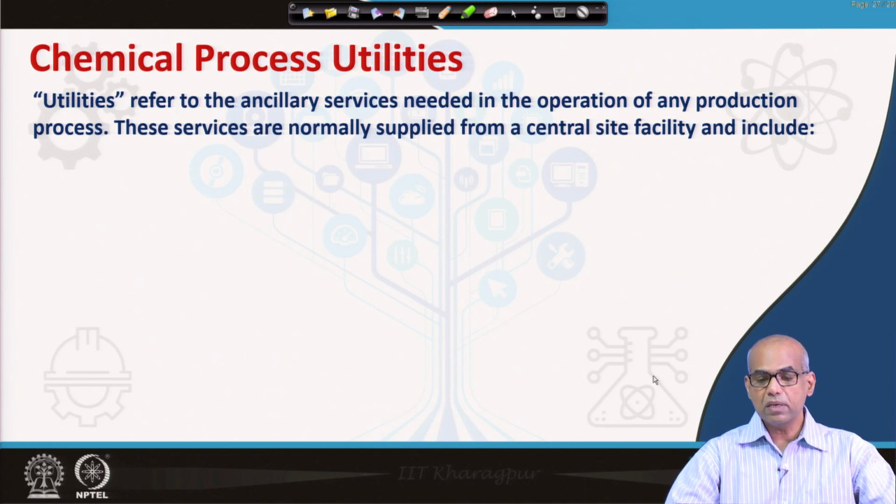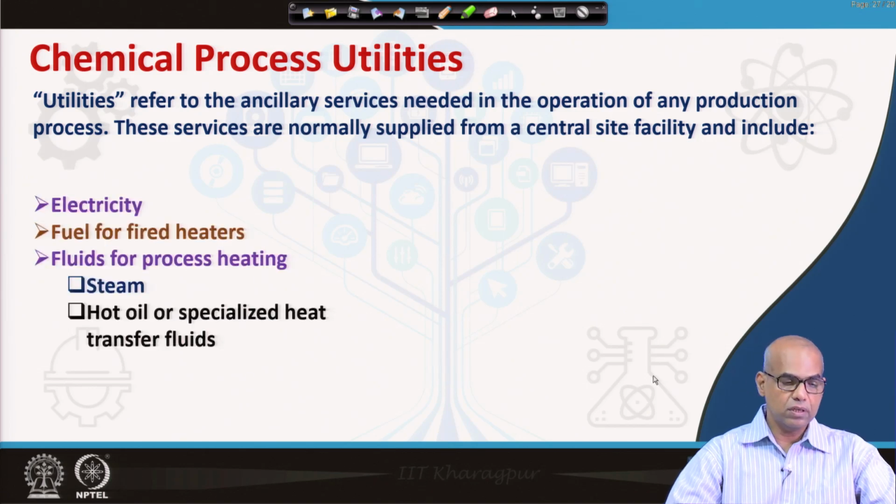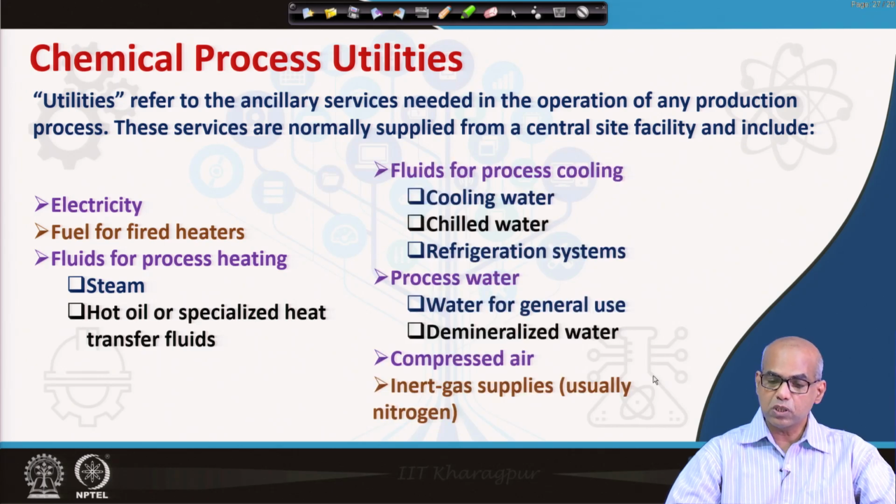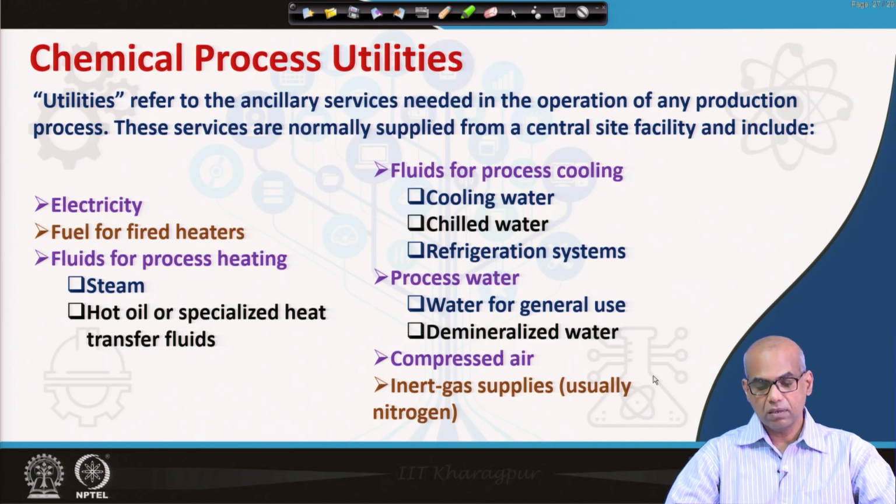These services are normally supplied from a central site facility and include electricity, fuel for fired heaters, fluids for process heating such as steam, hot oil or specialized heat transfer fluids, fluids for process cooling such as cooling water, chilled water, refrigeration systems, process water such as water for general use, demineralized water, compressed air, inert gas supplies, which is usually nitrogen in the chemical process industry.